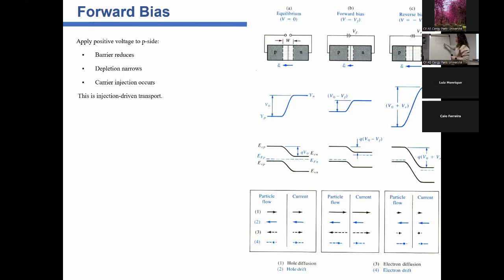This is why it's forward, because we are inducing direct charges to the direct materials. The n-type has free electrons, and the p-type has holes as majority carrier.